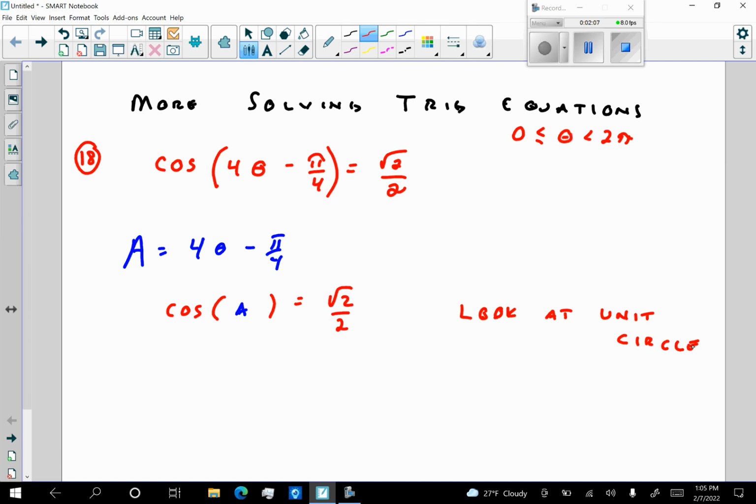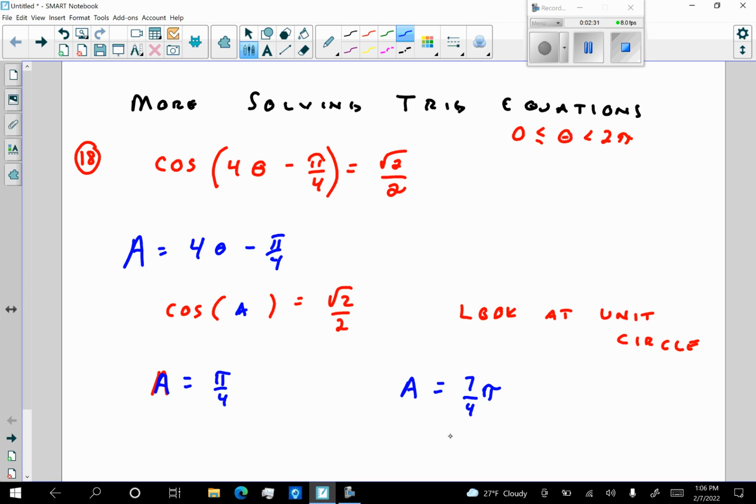And I notice here that A is pi over 4, or A is 7/4 pi.